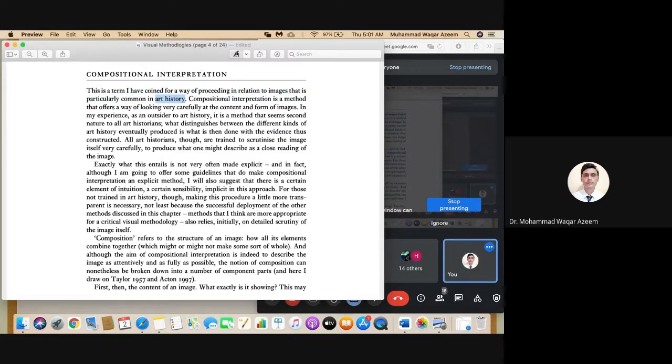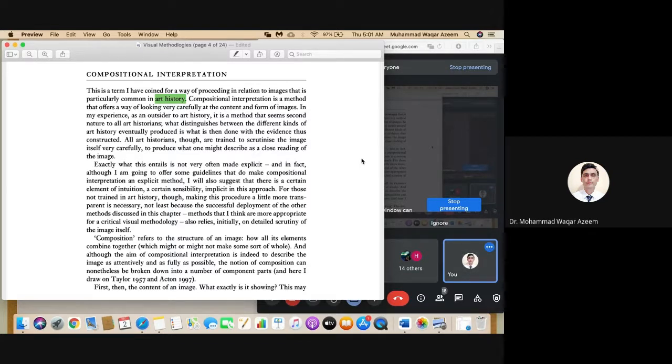Right? So the methods in literary studies, almost all of them come from other disciplines, and it is very common in humanities and social sciences.